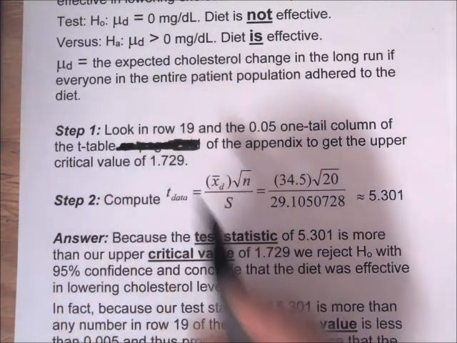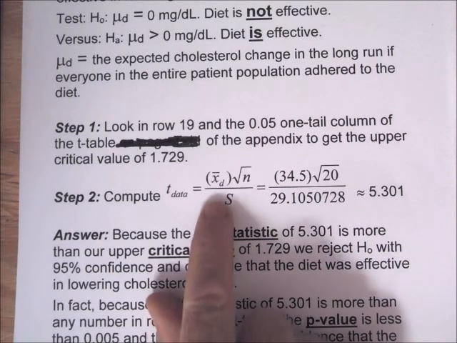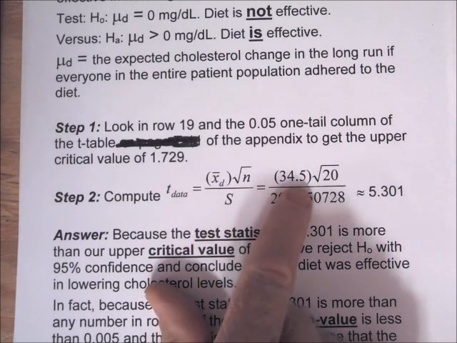I switched textbooks, so that page number referred to a different text. To get the upper critical value of 1.729.